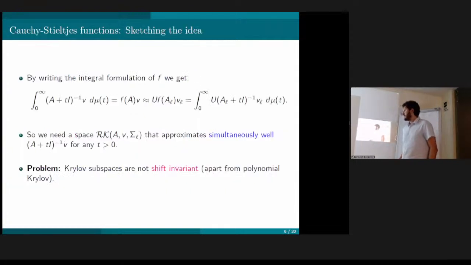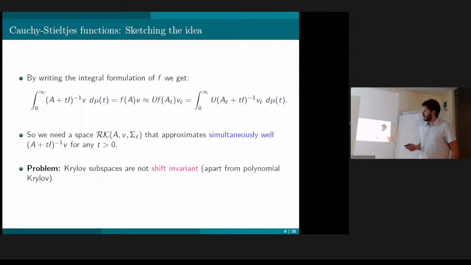So let me sketch the idea. If you write, exploiting the integral representation of the function, what you're going to compute, you have this on the left-hand side. And on the right-hand side, you may write what is the projected quantity that you're computing. So you see that by linearity, you can move the u inside the integral.